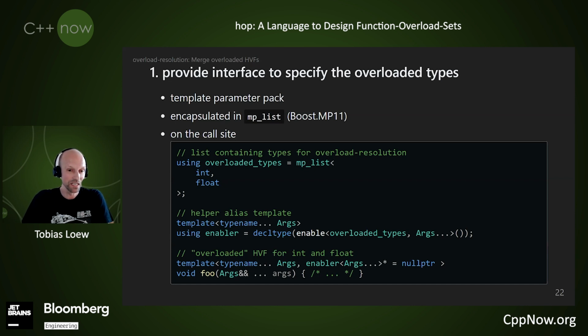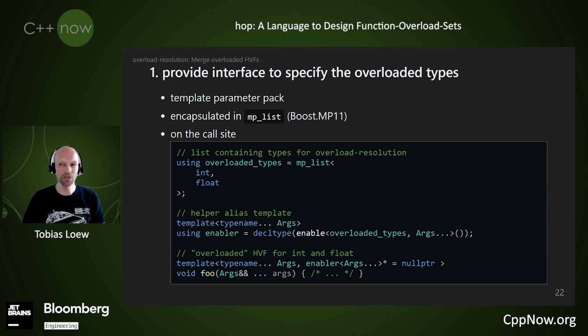We have to use it in the template as an SFINAE condition, and further on we have to use it inside of the function body to get the selected overload back from this template metaprogramming stuff, and it will deliver us the index of the selected overload.